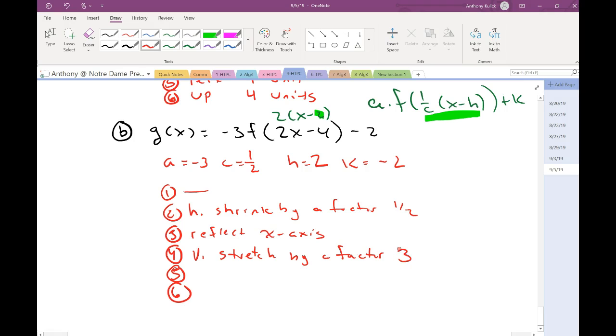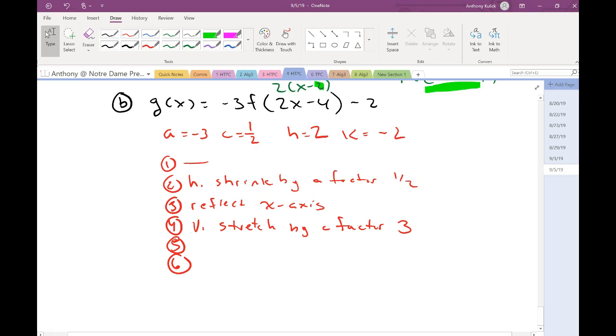In step 5, we look at the h. Since the h is non-zero, it does something. Since the h is positive, we're going right. And since the magnitude of h is 2, we're going 2 units to the right.